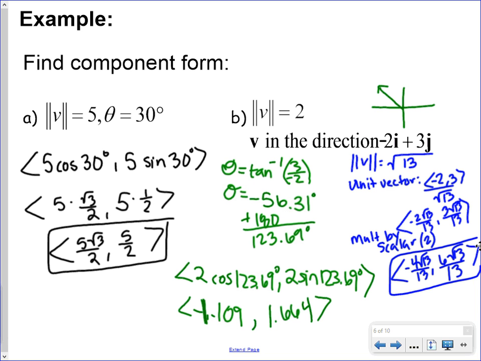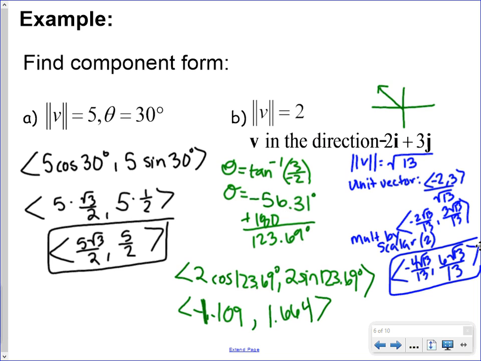So the nice thing about the stuff in blue is you get an exact answer versus in green you have that rounded answer, but either one is acceptable. So you could take your pick on your homework which way you're going to approach it. Do you want to use the unit vector or the component form that we just talked about? Either one is fine. Any questions on those?